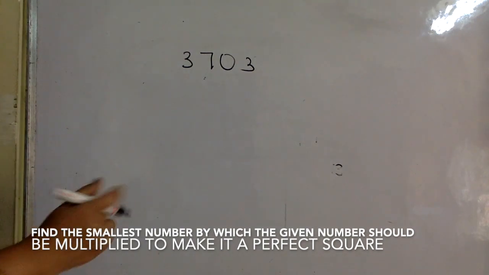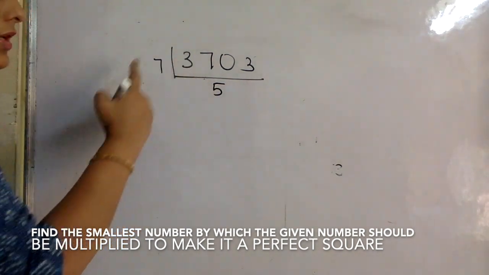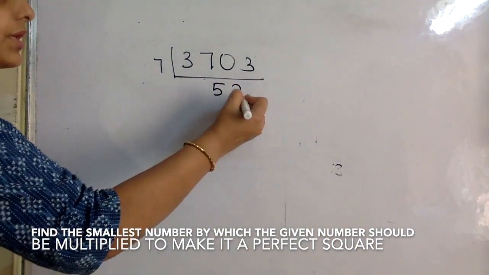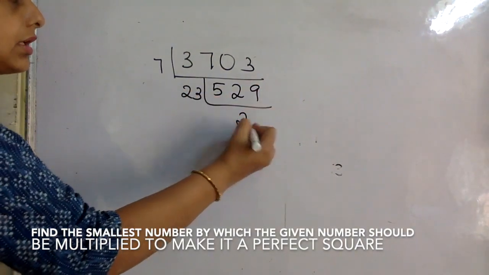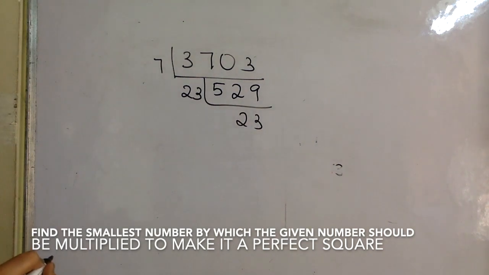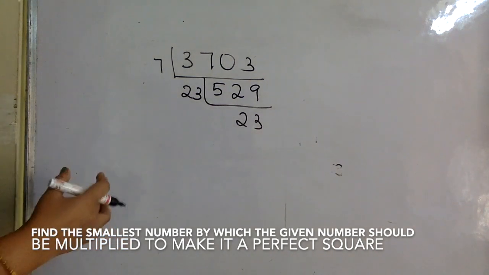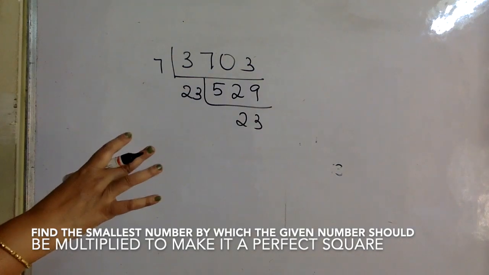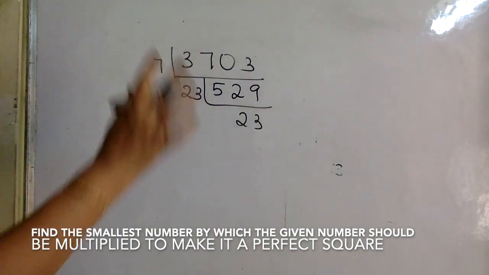But then I am checking it with 7 and it is going by 7. 7 5s are 35, then 7 2s are 14 and 9. Then it is 23 and 23. So now we have done prime factorization, but what we can see here is we can't get the square root of this. That itself shows this 7 does not have a pair. That itself shows this is not a perfect square.